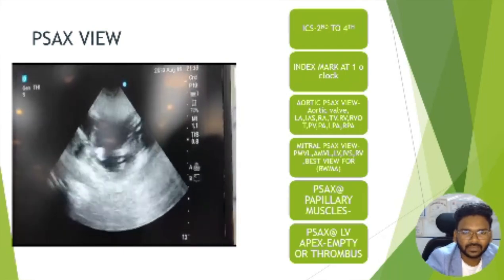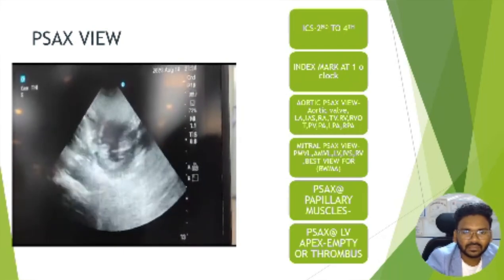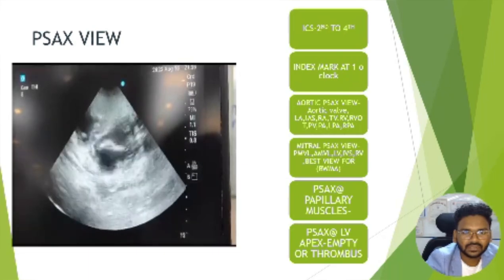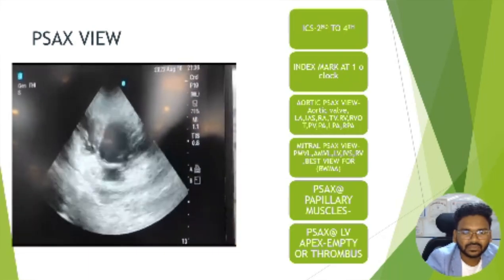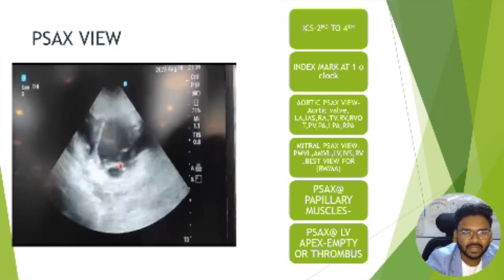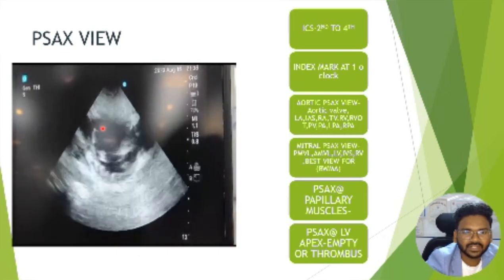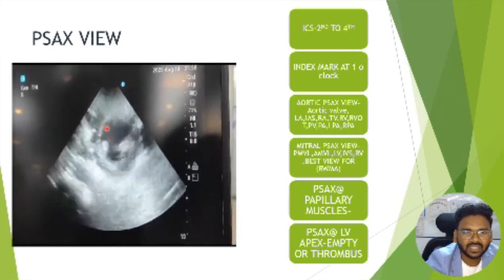So in this P-SAX, you can see the mitral valve, then this is the left ventricle, this is the right ventricle, and this is the septum.